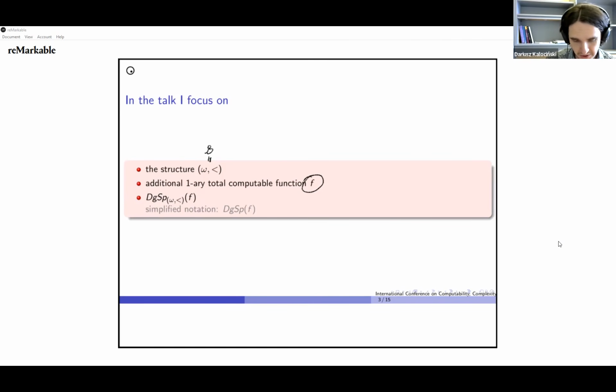The object of study would be degree spectra of such computable functions on this particular computable structure. I'll be using a simplified notation, dropping the subscript, because I will not consider structures different than that.